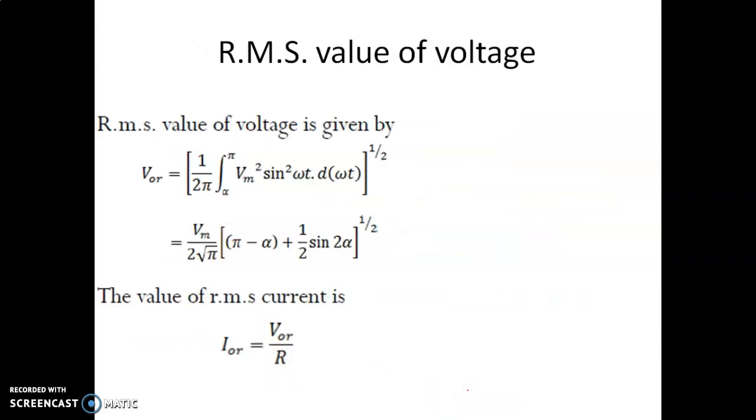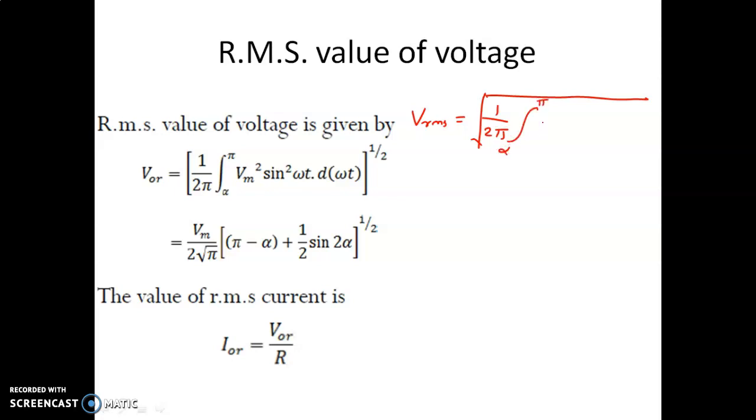Now coming to the RMS value of voltage. What is the equation? Vrms is equal to the root of 1 by 2 pi, since the base is 2 pi, integral alpha to pi.